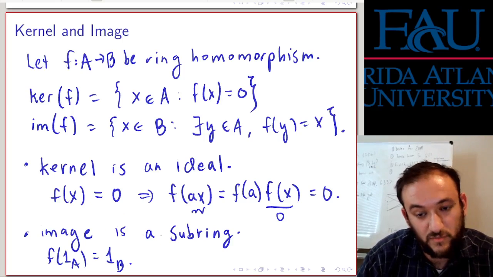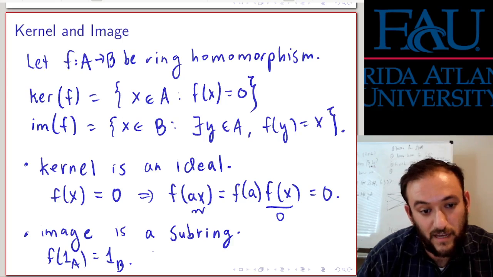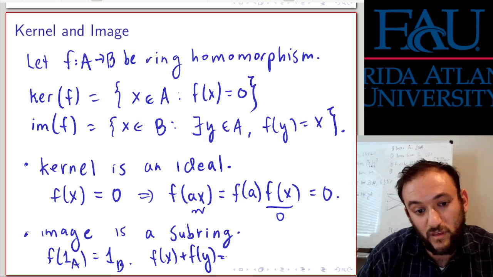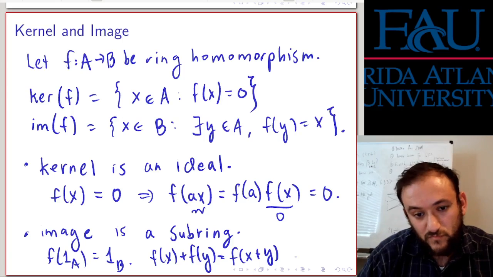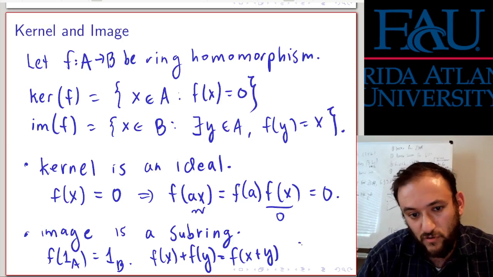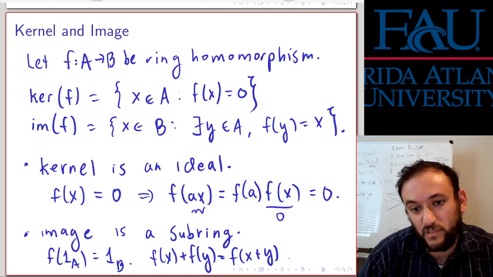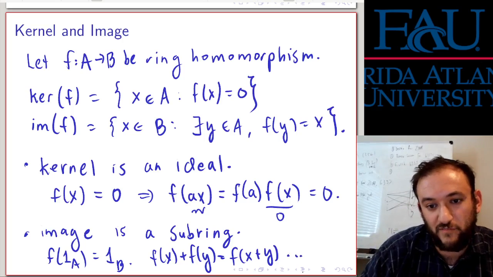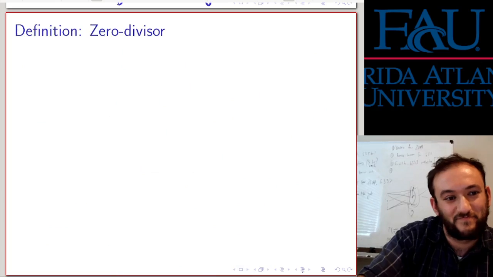And closure under multiplication and addition, you have f of x plus f of y will be equal to f of x plus y. And the same is true for multiplication. I'll just give 3 dots to remind you of that.